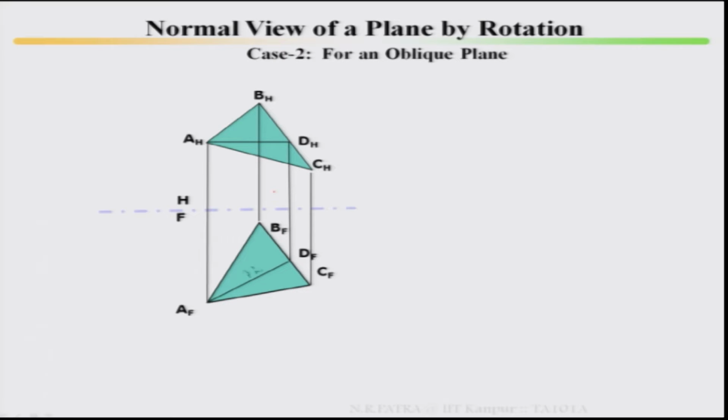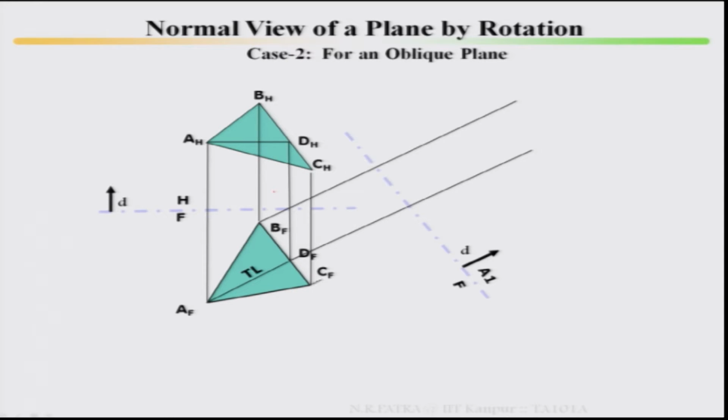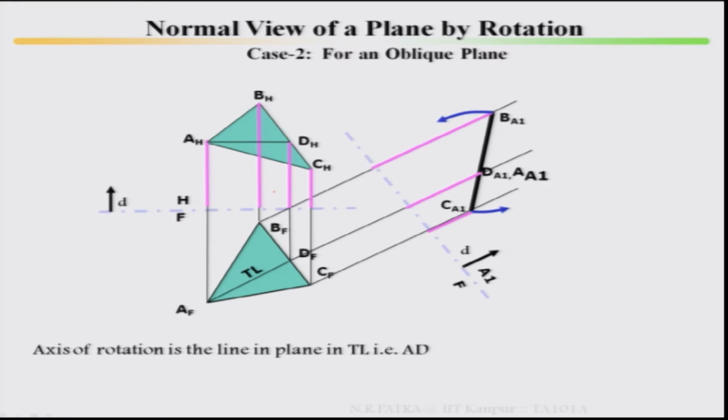AF DF is your true length line. Then take your first auxiliary plane A1 and locate your edge view. This is your edge view. Then this edge view has been rotated by the method of rotations, considering D as a stationary point.